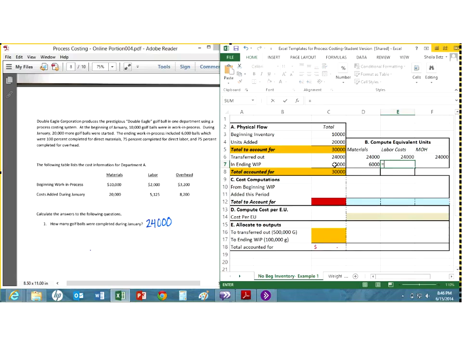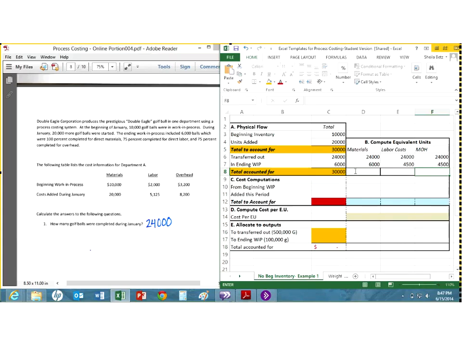So if I took 6,000 golf balls and laid them all out and they were 75% complete, that's the equivalent of taking 6,000 times 0.75 and saying that's the equivalent of having 4,500 fully completed golf balls. MOH was the same thing. It was 75% complete. So if I had 6,000 golf balls that's 75% complete, if I take 6,000 times 0.75, that's the equivalent of 4,500.